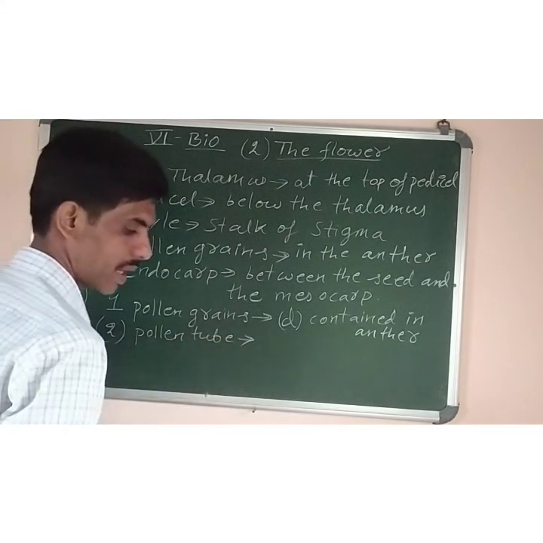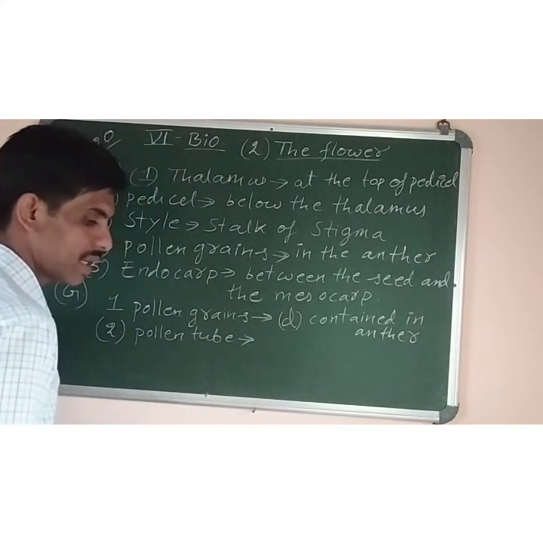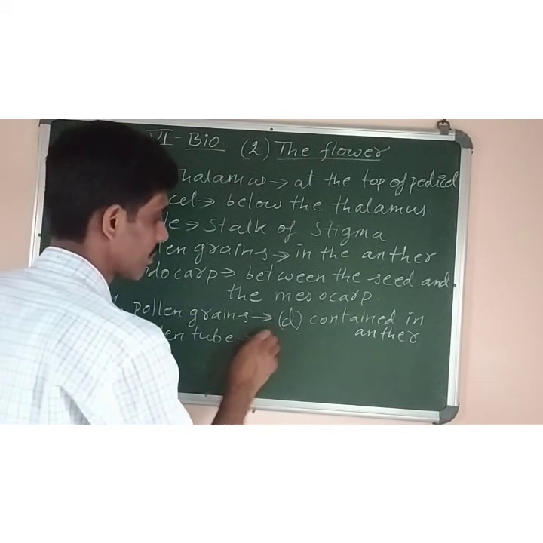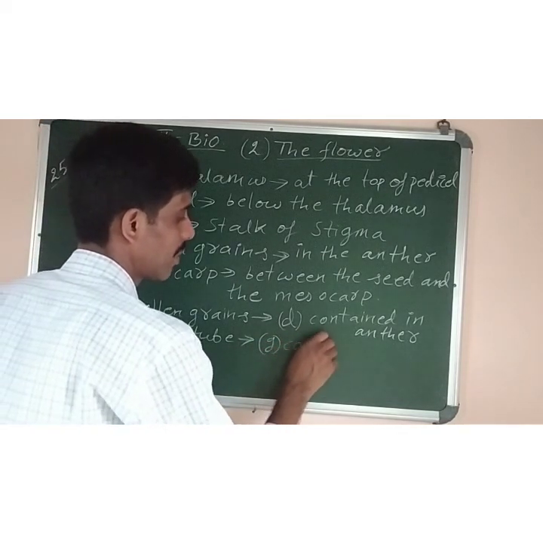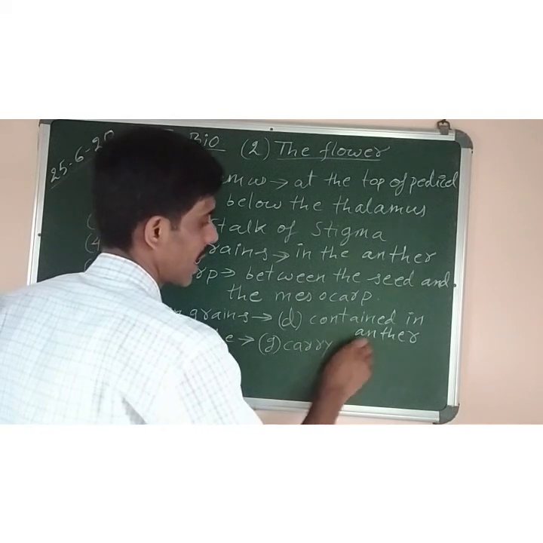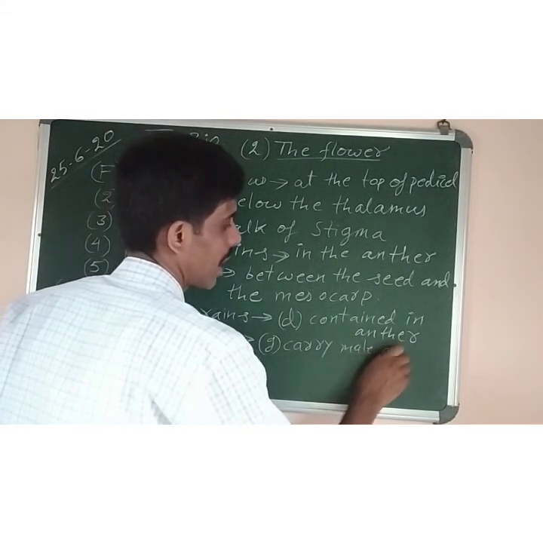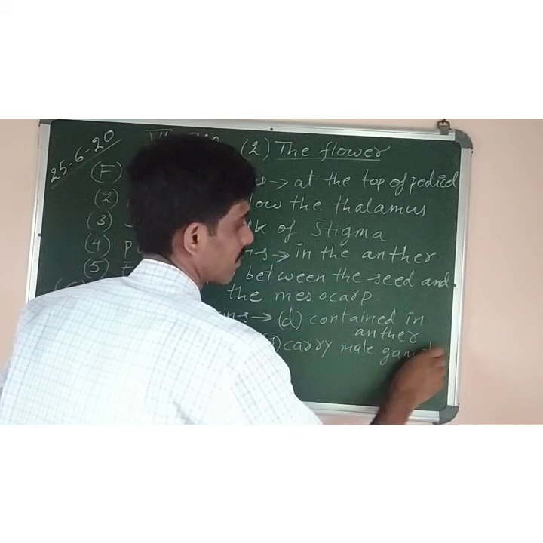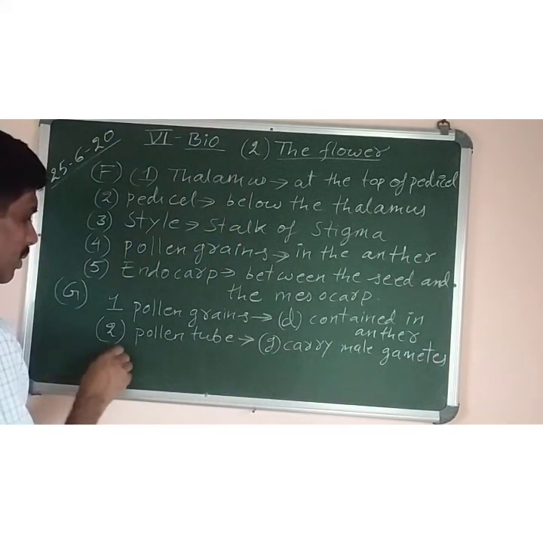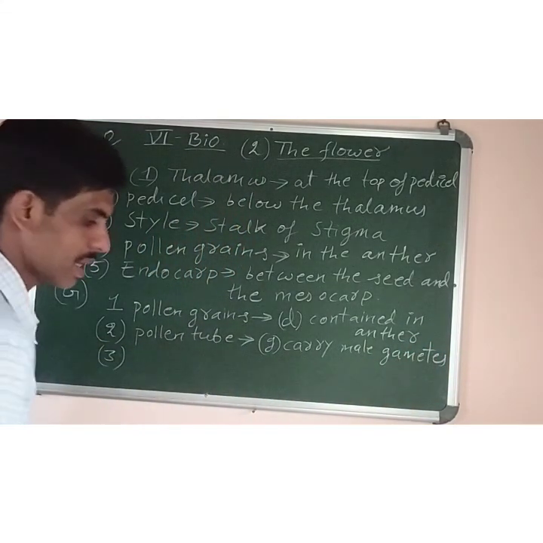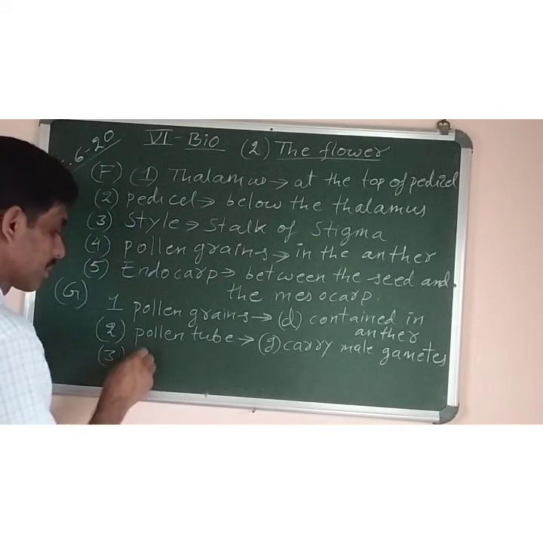What is the correct answer? It matches with number G, carry male gametes. So number G you write, after that write the answer also, carry male gametes. Then the third question is female gamete.